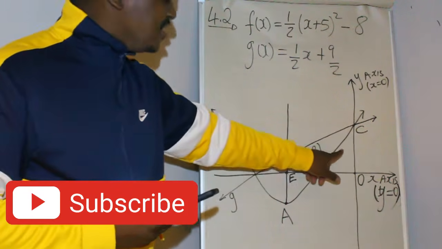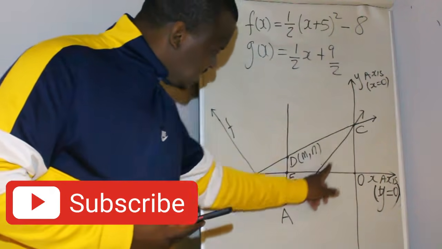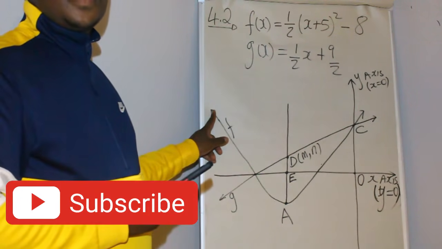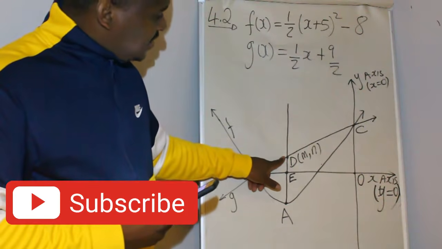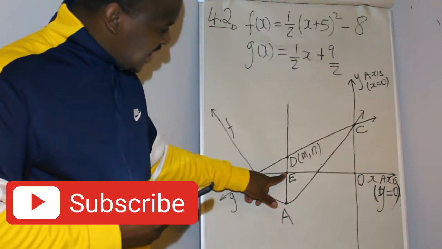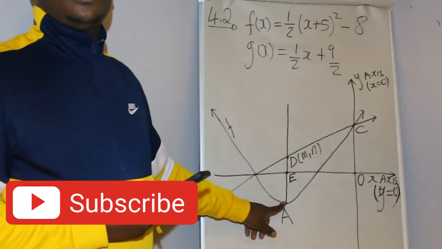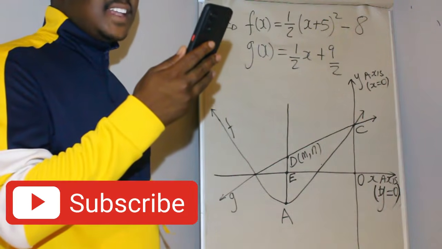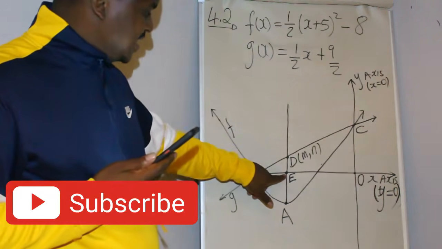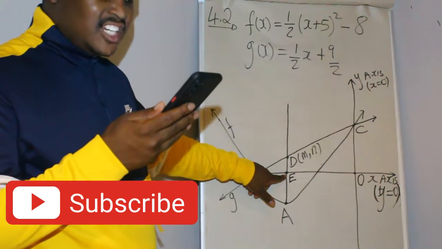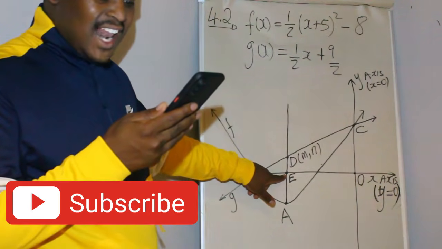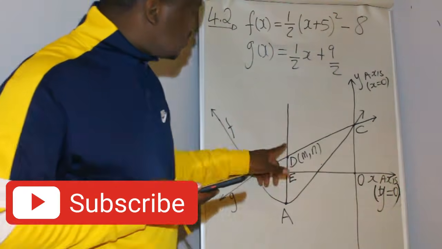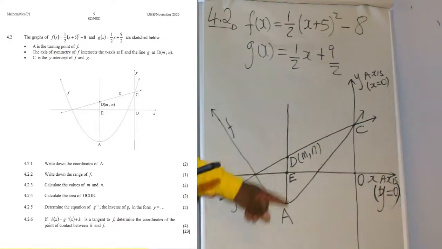The axis of symmetry belongs to this function f. The axis of symmetry of f intersects the x-axis at E and the line g at D, which means it also intersects this line here at D.